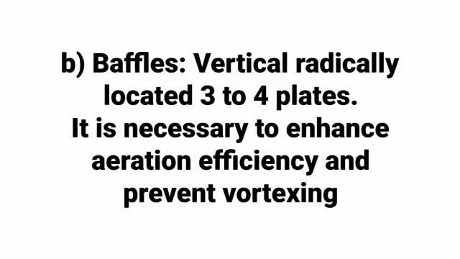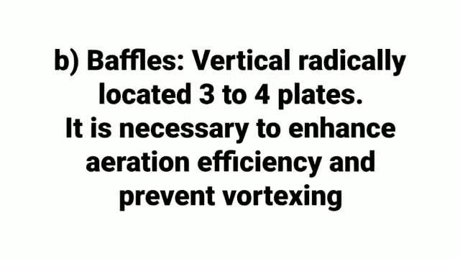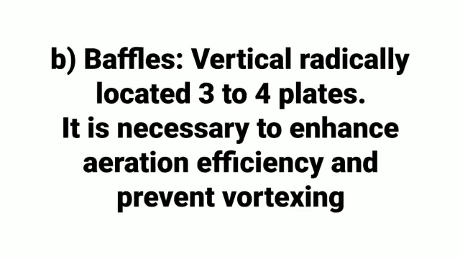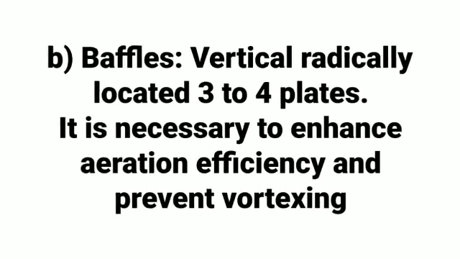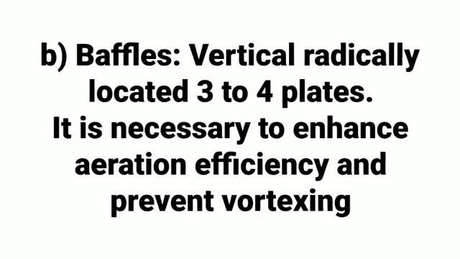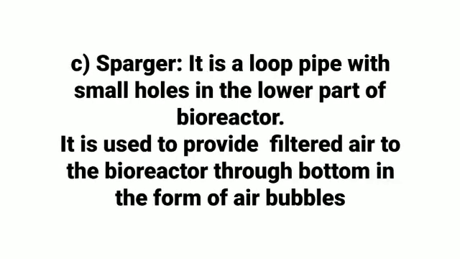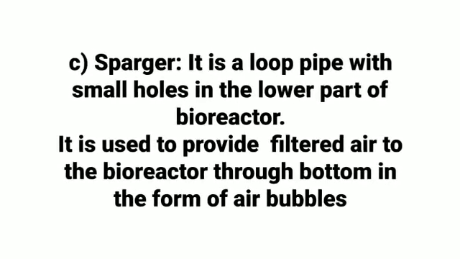Baffles. It is vertical, radially located 3 to 4 blades. It is necessary to enhance aeration efficiency and prevent vortexing. Sparger. It is a loop pipe with small holes in the lower part of the bioreactor.